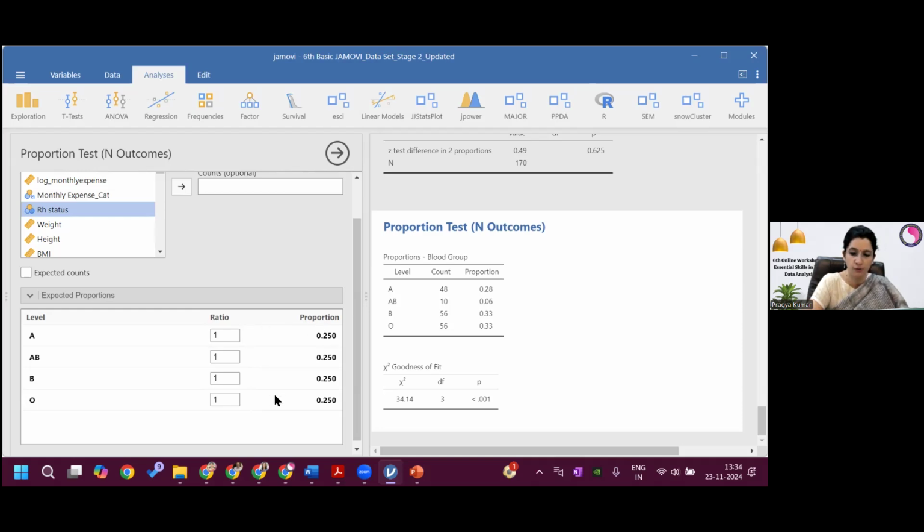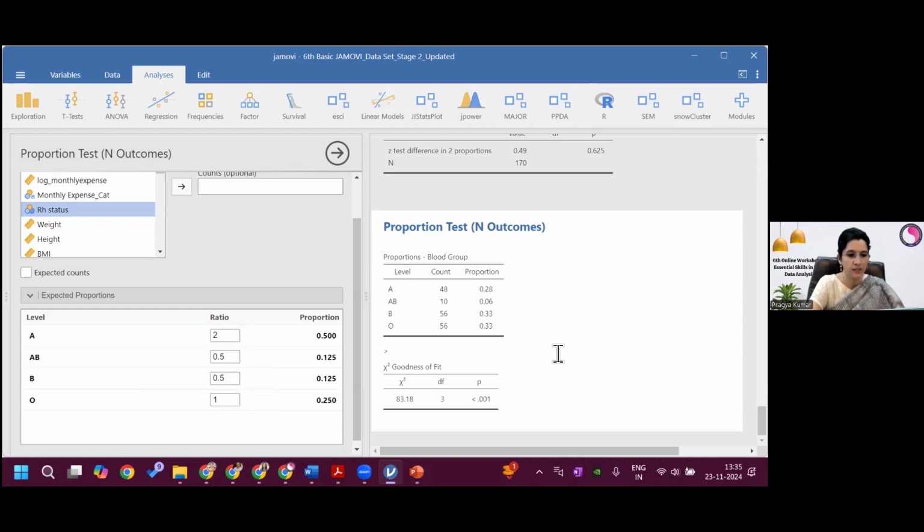So you need to know, like, if there are 30%, let's say if it is 50%, A is most common. So you will put this as 2, and then let's say AB as 0.5, and this again as 0.5, and this as 1.